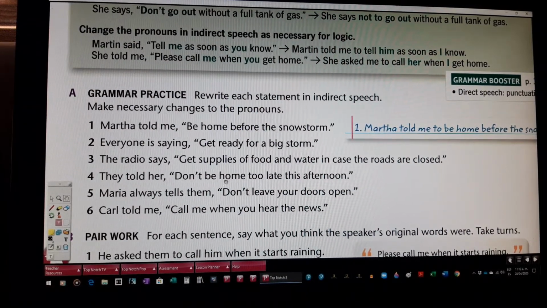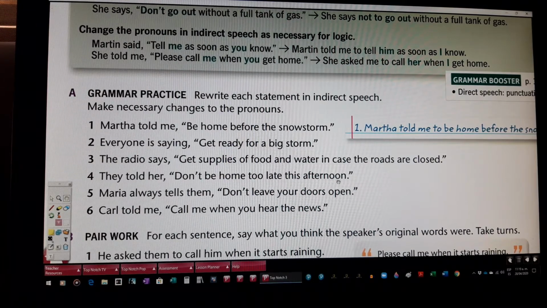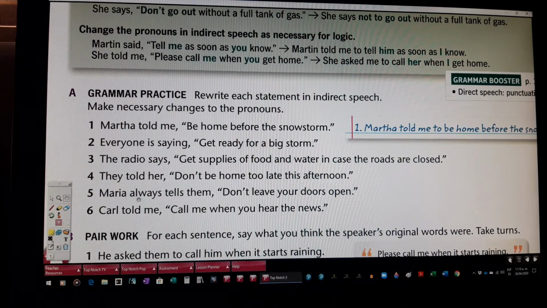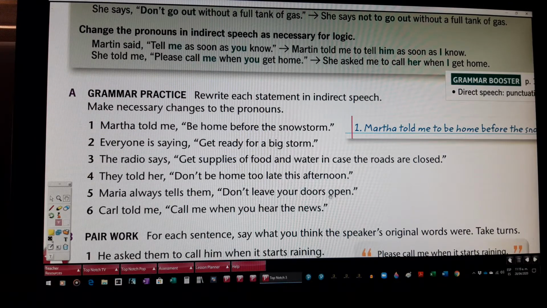They told her, don't be home too late this afternoon. Okay? They told her not to be home too late this afternoon in indirect speech. Maria always tells them, don't leave your doors open. Maria always tells them not to leave their doors open.